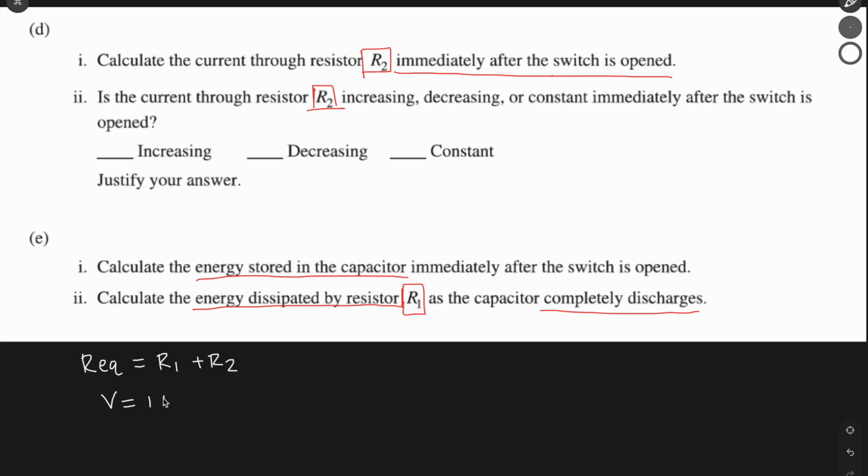So we have V equals IR, and V is 1.5. That's going to be I times 250 ohms. So we get I equals 6 times 10 to the negative 3 amps, or 6 milliamps.